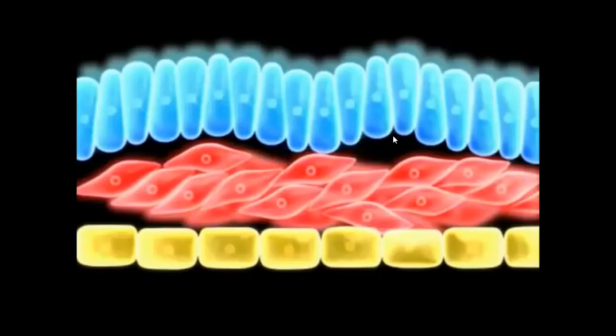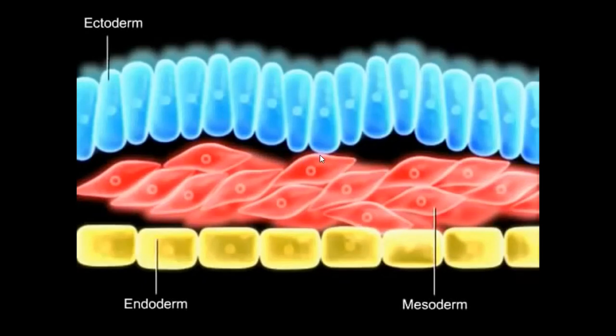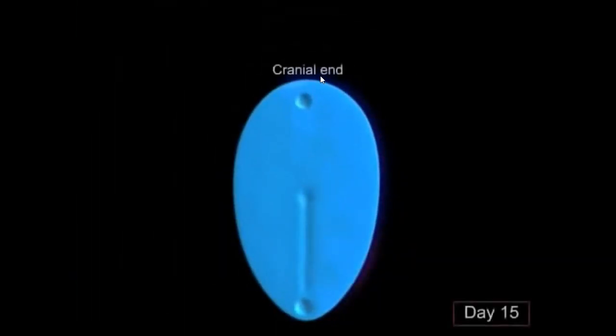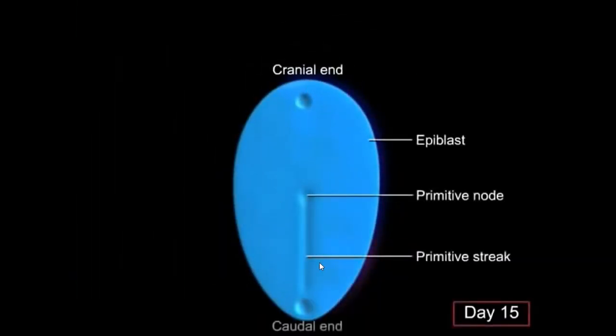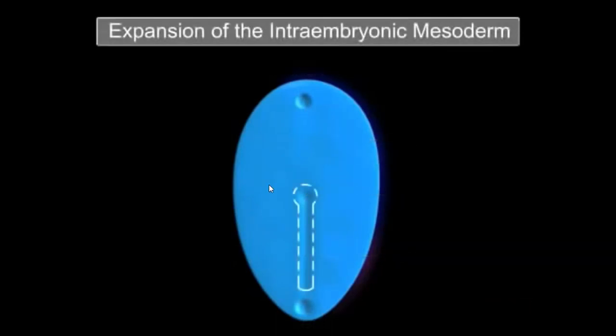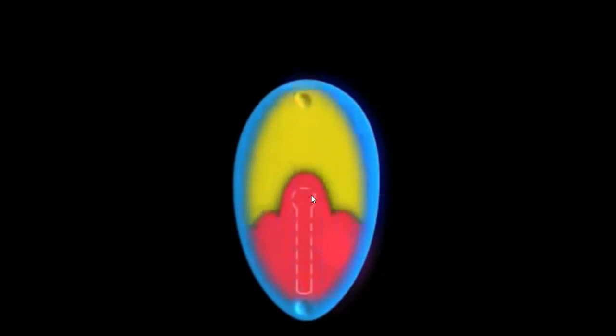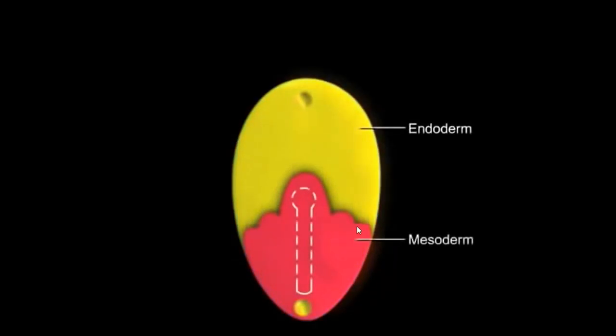Now the embryo is composed of these three layers, but only in one small part of the embryo. If we remove the ectoderm, which is now not epiblast but ectoderm, and imagine the site of mesoderm formation, you see mesoderm is formed only around the primitive streak, but the rest of the embryo doesn't have this mesoderm.